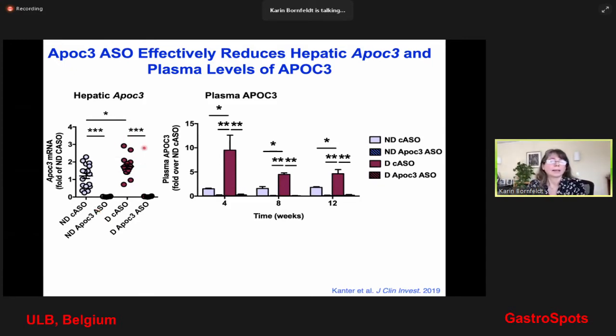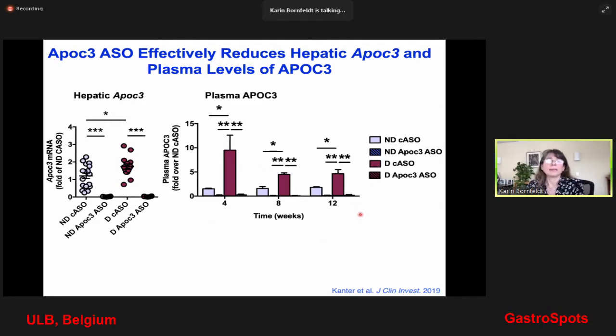We measured ApoC3 mRNA levels in the liver, and you can see animals that are diabetic have slightly elevated ApoC3 mRNA as compared to the non-diabetic animals. And ApoC3 mRNA levels in the liver were severely reduced in both of these groups by the antisense.